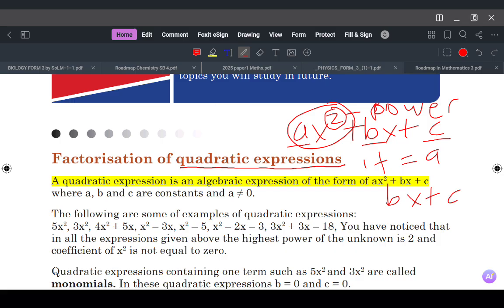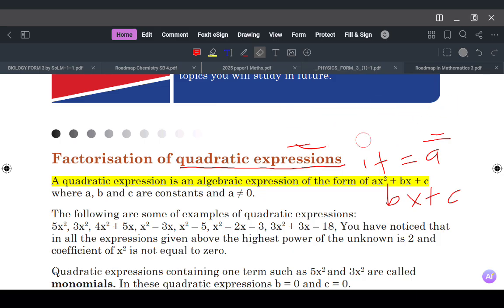Therefore it will no longer be a quadratic expression. So we are saying a quadratic expression is any expression of the form ax squared plus bx plus c. The a, b, and c are real numbers, and a should not be equal to 0.